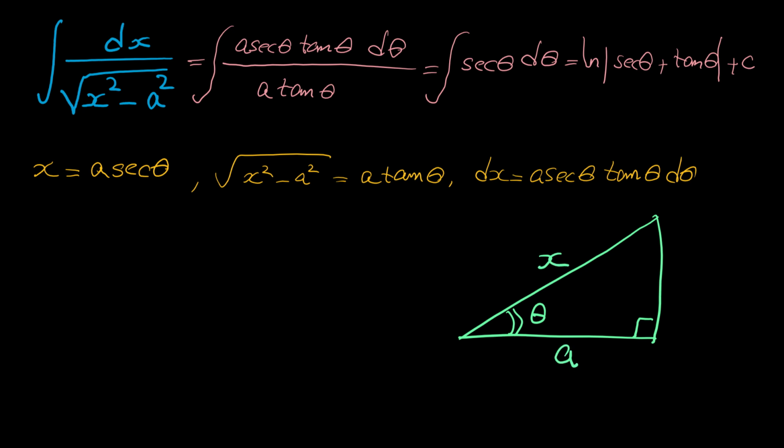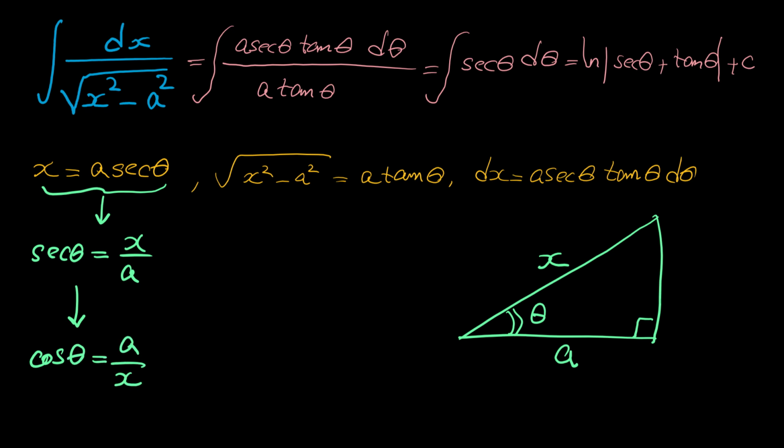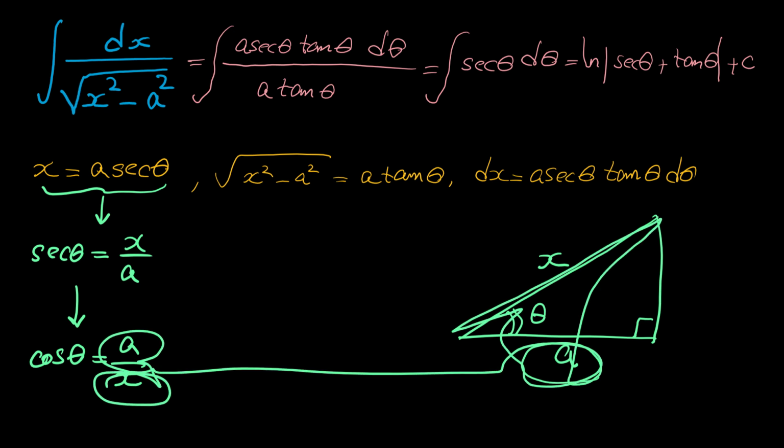Let me explain this again. Secant theta is x over a. From this, cosine theta is a over x, because secant and cosine are reciprocals. Cosine is adjacent over hypotenuse, so adjacent is a, hypotenuse is x.